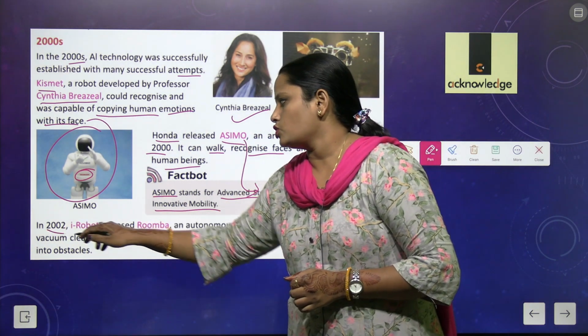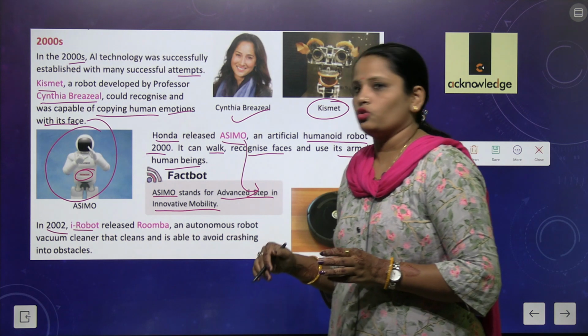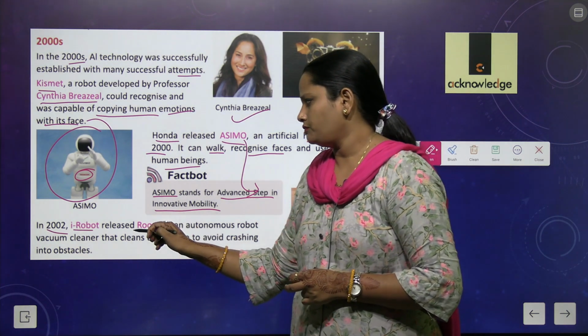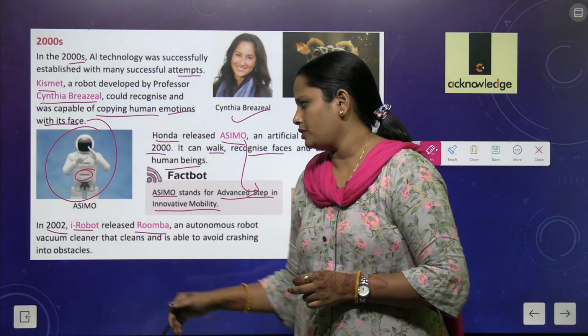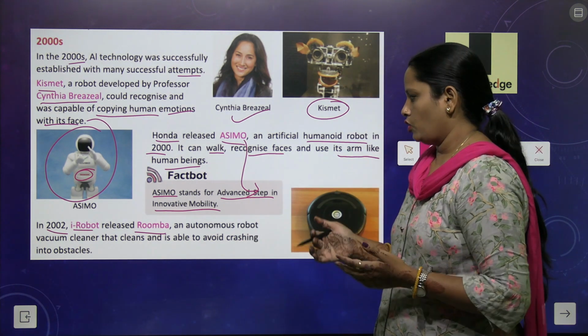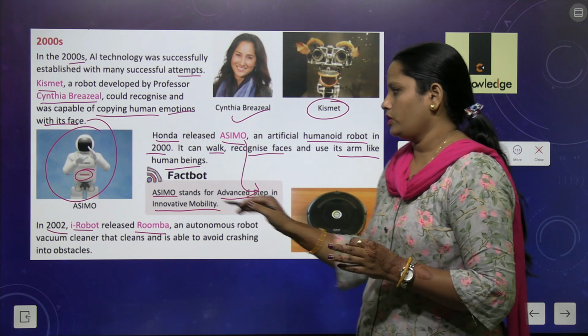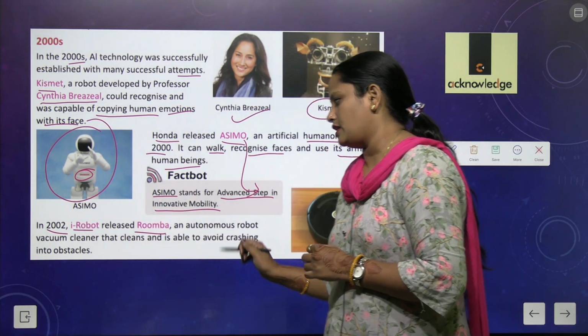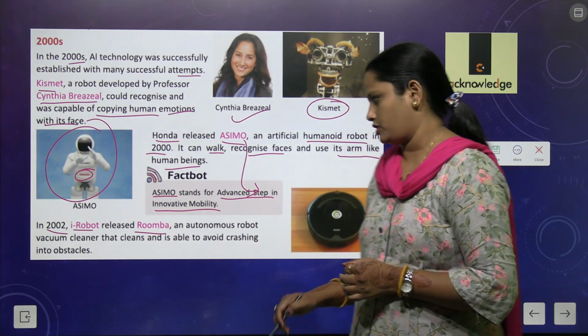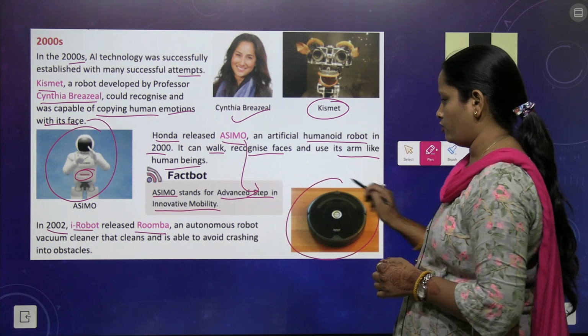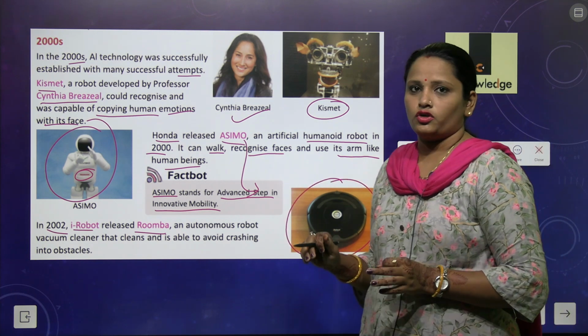In 2002, iRobot released Roomba. So iRobot is a company which released a robot that is Roomba, an autonomous robot vacuum cleaner that cleans and is able to avoid crashing into obstacles. So here is a picture of Roomba, and what was the use of this?